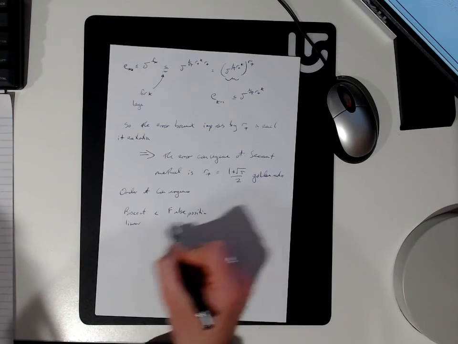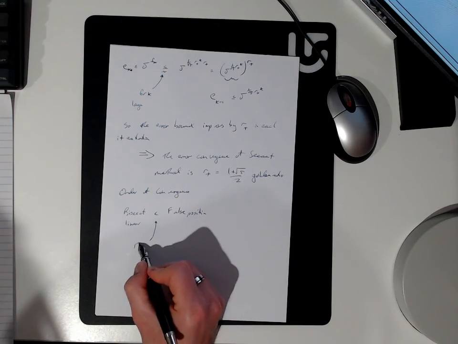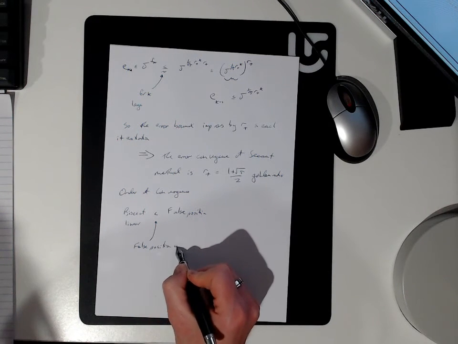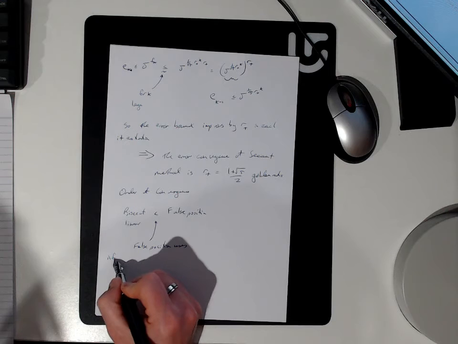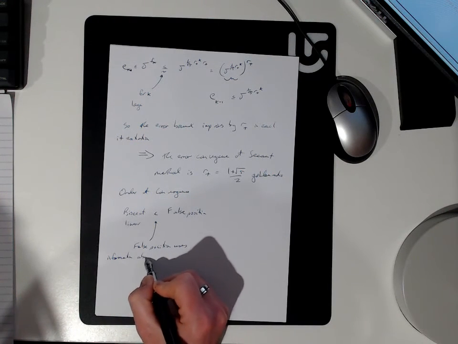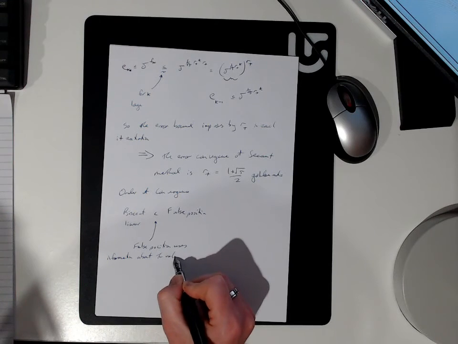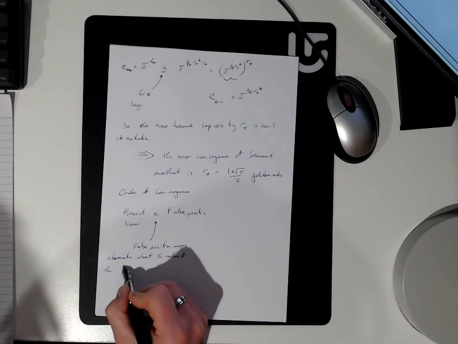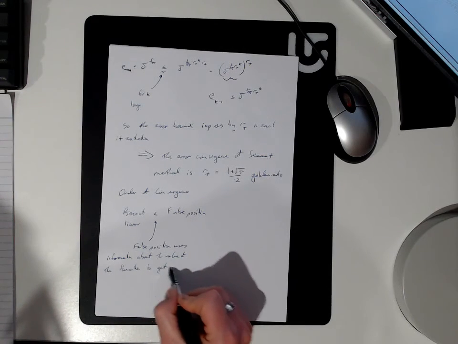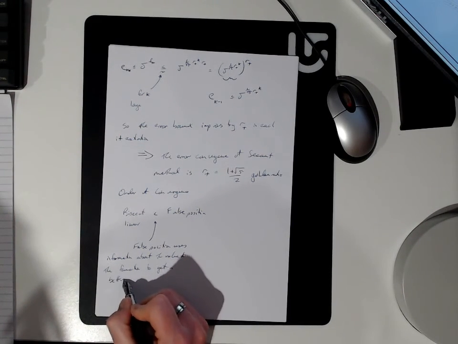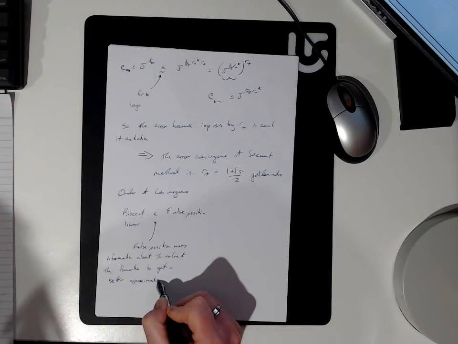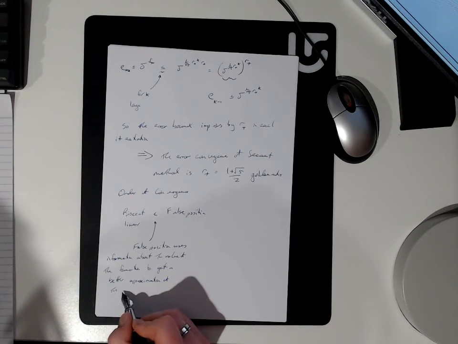And the argument here is that because false position uses information about the value of the function to get a better approximate of the zero.